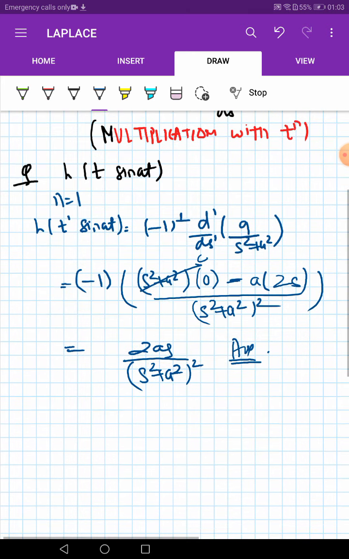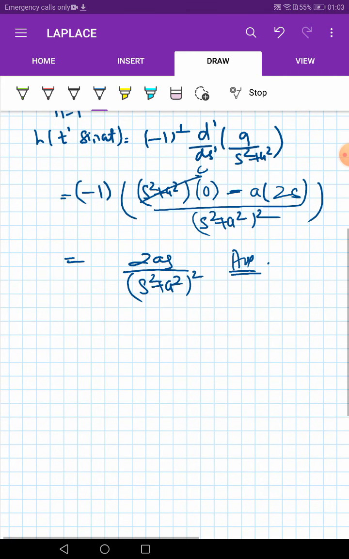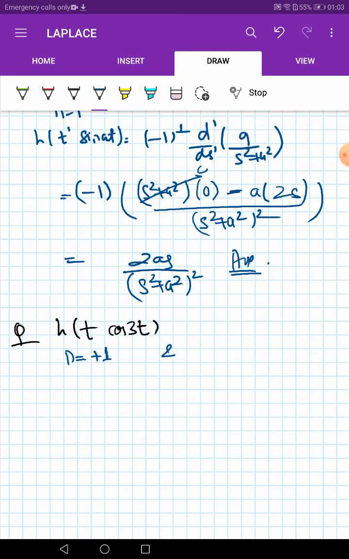Now let us solve one more problem. The question is, you need to find the Laplace transformation of t cos 3t. Now how to do this? Here also n will be 1, and your f of t will be cos 3t.